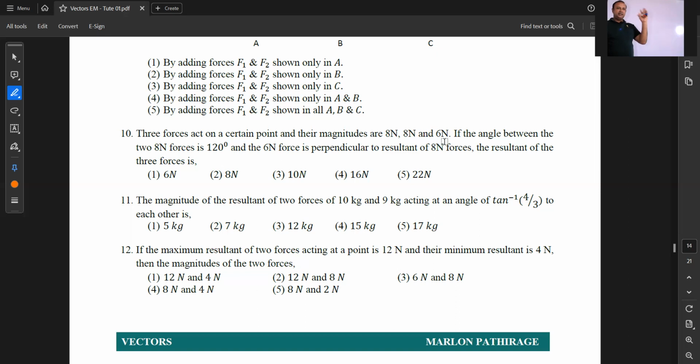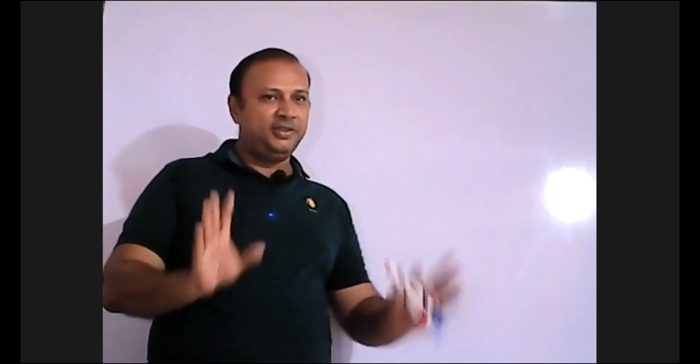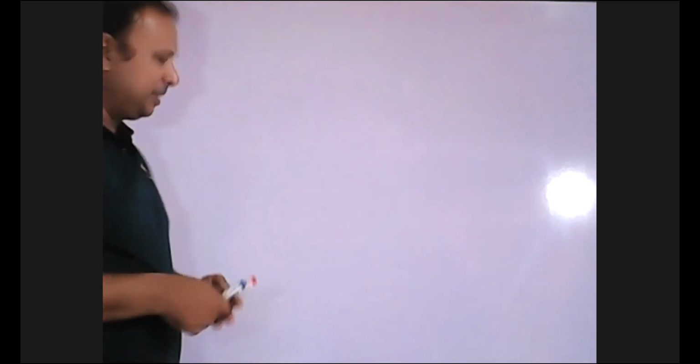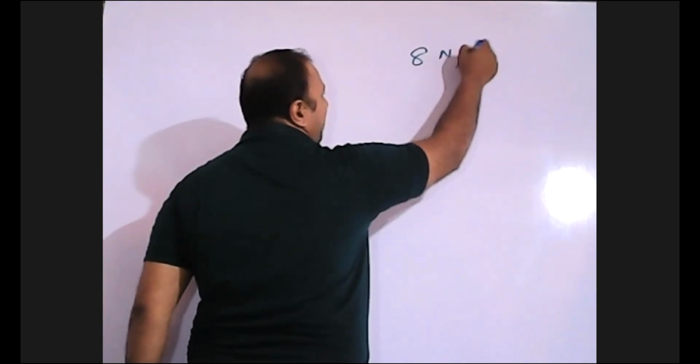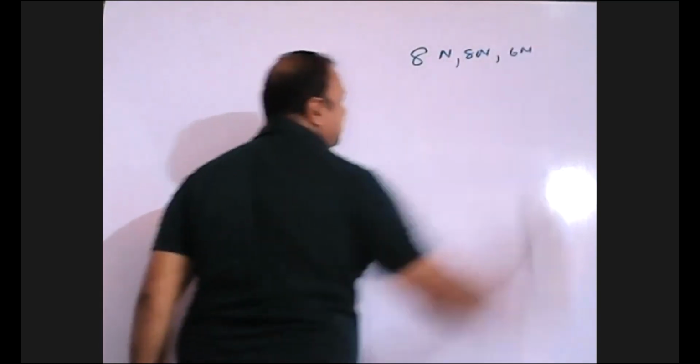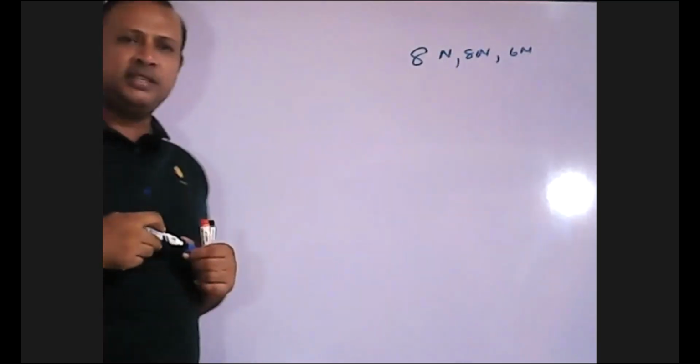That means the resultant is equal to 8, no? So 8 and 6 are perpendicular to each other. Therefore, the resultant should be equal to 10. Now I can do that thing. There are 3 forces, 8 Newton, 8 Newton, and 6 Newton.